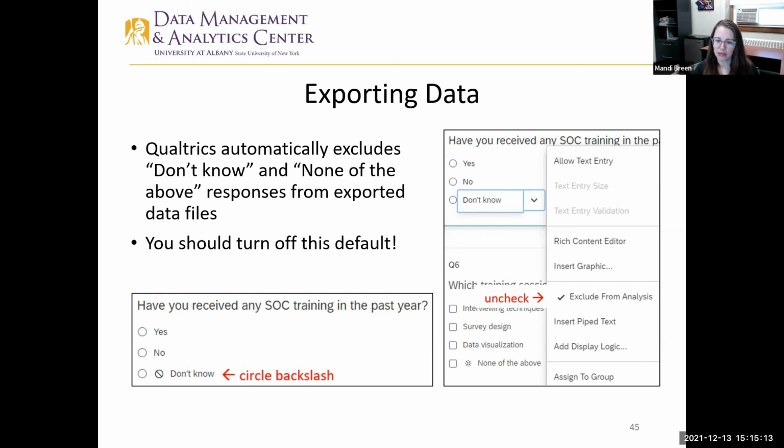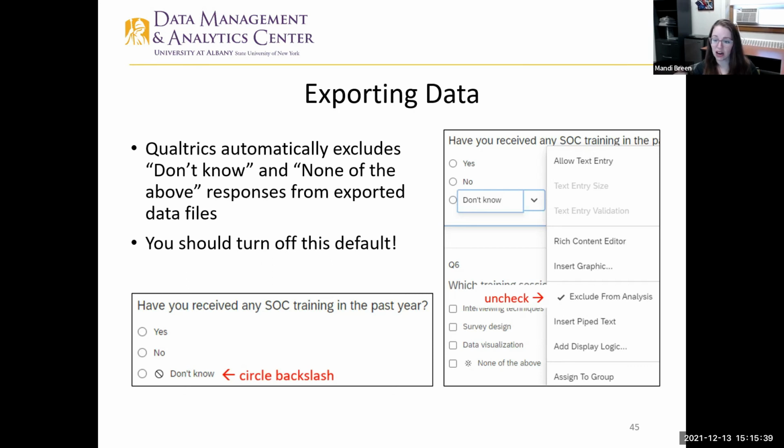So you need to go in manually, and we recommend doing this every time, to uncheck that little button you see that says exclude from analysis. You want to make sure that's not checked. That way, that data is always going to be downloaded for you, and you can make the choice of whether or not you want to include that. That way it's on you. You don't just have this strange missing data.